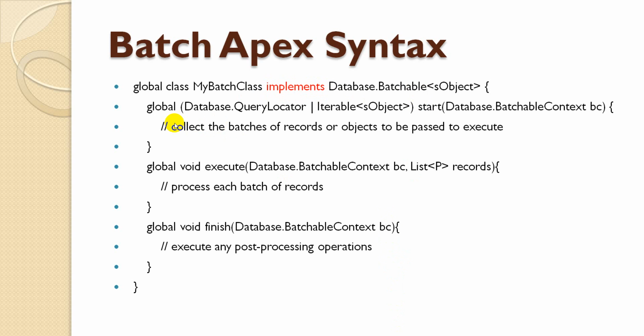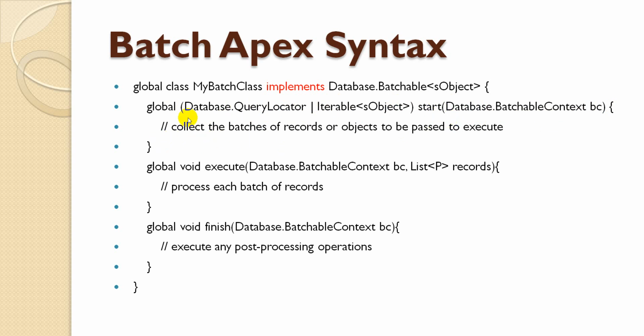Then we have global start, Database.QueryLocator. You can either use QueryLocator or Iterable as objects. And start takes Database.BatchableContext and BC. So this is the start method. Either one of them we can use here.